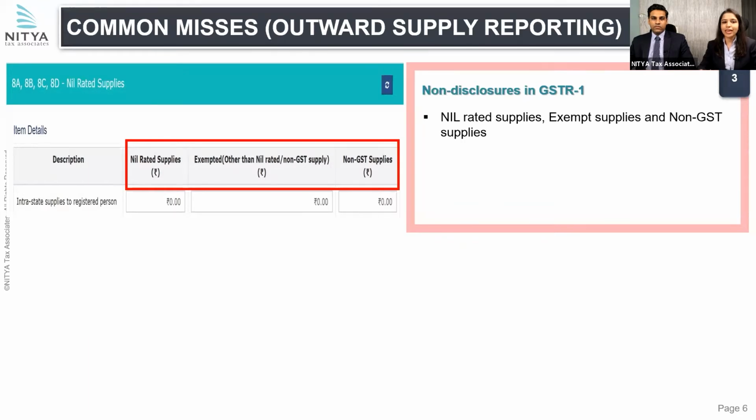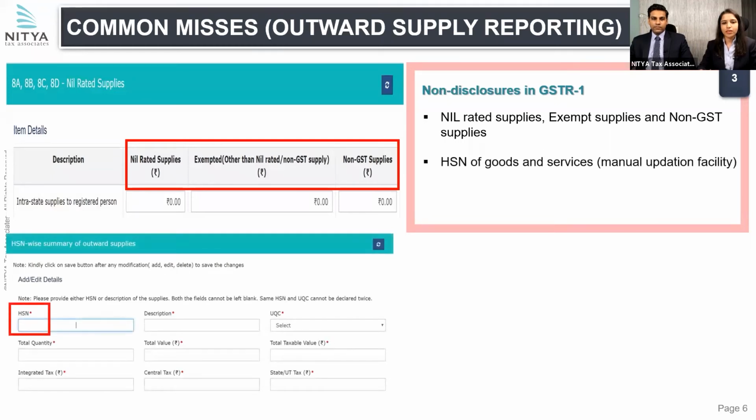However, there is a thin line between all these transactions, and taxpayers generally confuse themselves while reporting the transactions under these three heads and end up reporting nothing, or they report under the wrong tax head. So considering these errors, it's very important to understand the difference between these heads and make the correct disclosure when we are filing GSTR1.